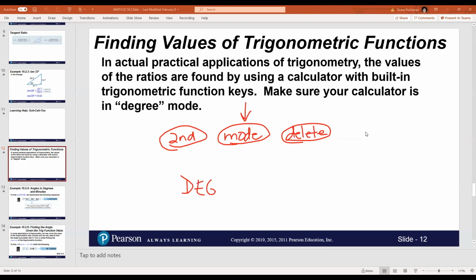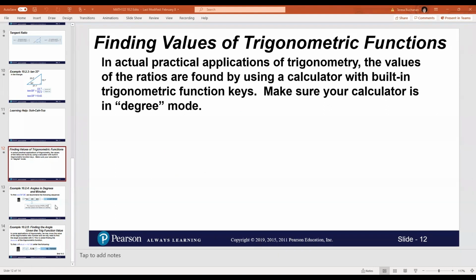It's sort of three options that look like this. That stands for degrees and radians and something else there. So you want to make sure that your calculator is highlighted to choose degrees, so that when you look for these values, you're actually getting those calculated in degrees and not in something else. Okay.